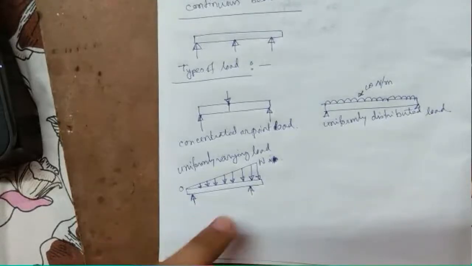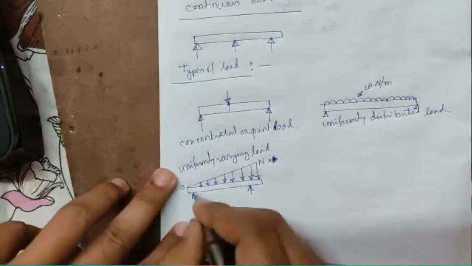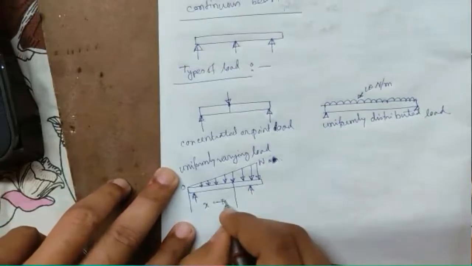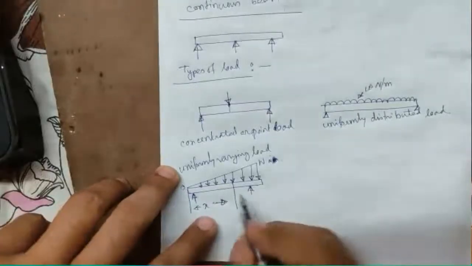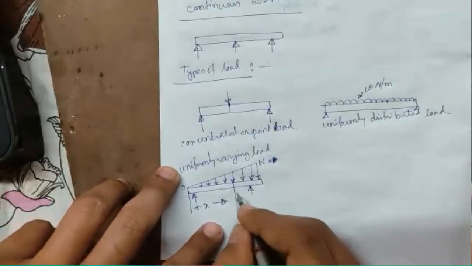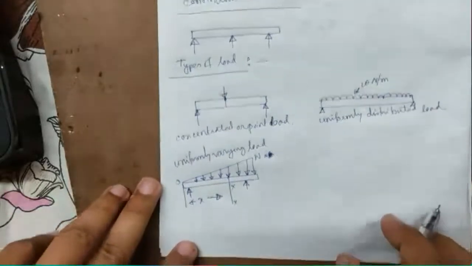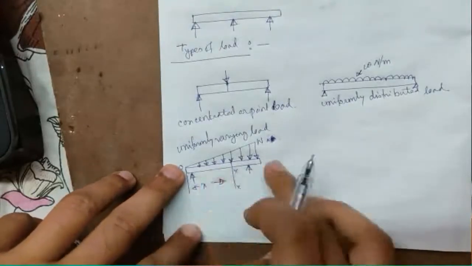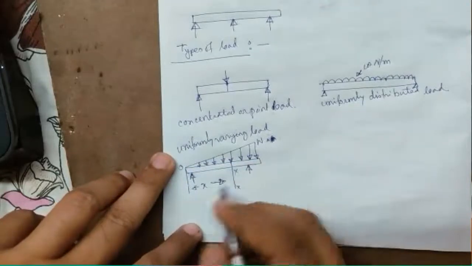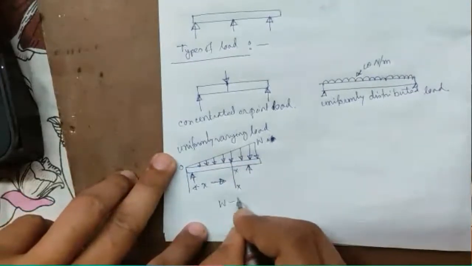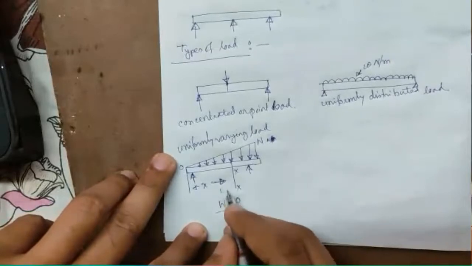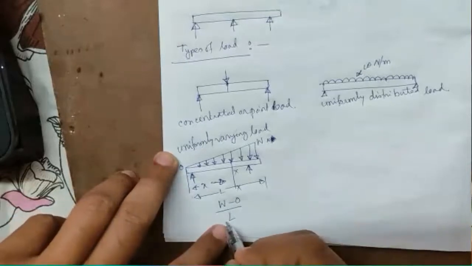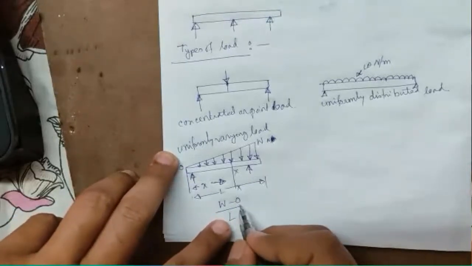Now, in this case, at a distance of x, at any section, say section xx, if you want to find out the loading at section xx, how can you find out? For the whole length L, the distribution is W minus 0 by L. So for L length, the change is W minus 0.